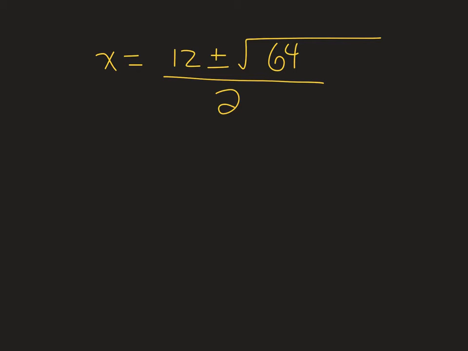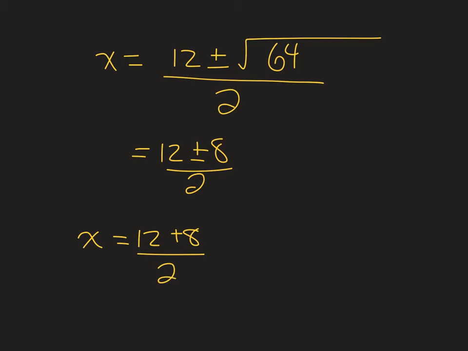And again, we know what that is. That is 8. So this is really 12 plus or minus 8 over 2. More specifically, x equals 12 plus 8 over 2, and x equals 12 minus 8 over 2. That's what the plus or minus stuff means.